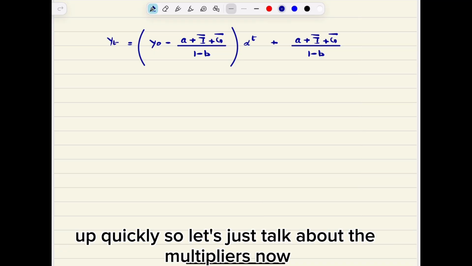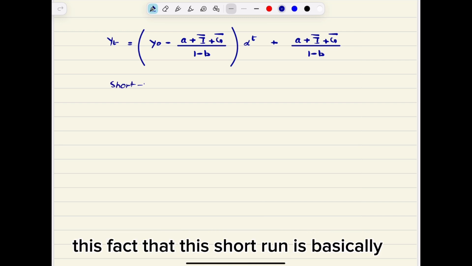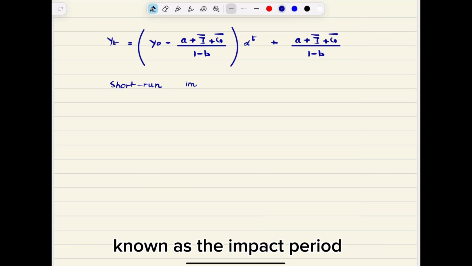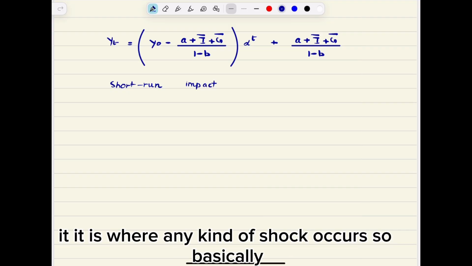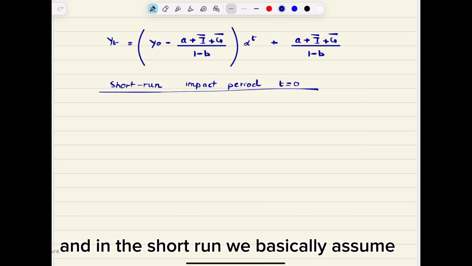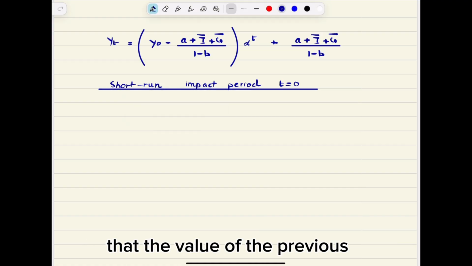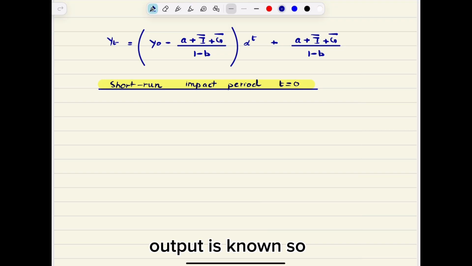So let's just talk about the multipliers now. Remember, just memorize this fact that the short run is basically known as the impact period. It is where any kind of shock occurs, so basically it's time t equals 0. In the short run, we basically assume that the value of the previous output is known.